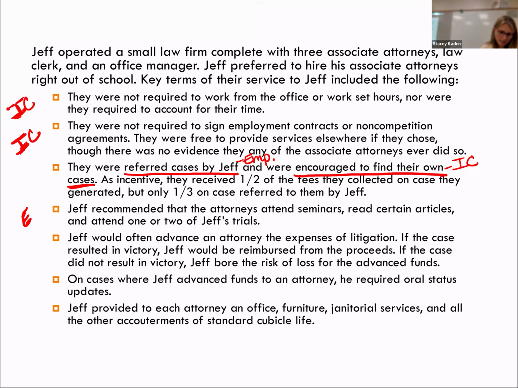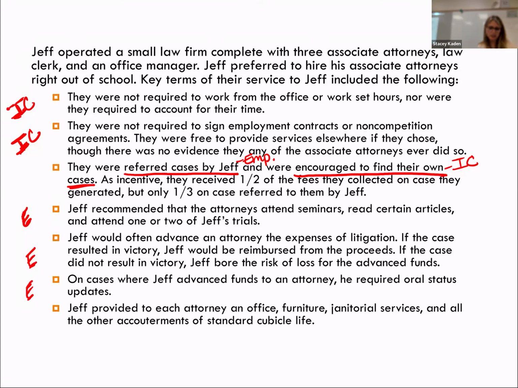If the case did not result in victory, Jeff bore the risk of loss. On cases where he advanced funds to an attorney, he required oral status updates. He wanted to know what was going on.